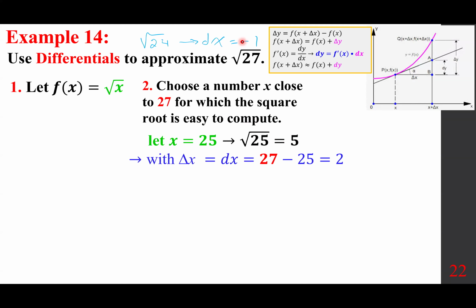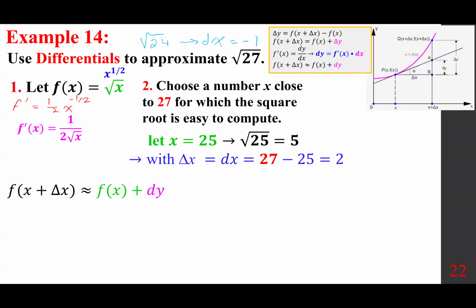So if that is the case, then f of x plus delta x is f of x plus dy, and we have f of x, we don't have dy. We are going to find that, which means to differentiate this, we're going to change this to x to the power of 1/2. And now f prime is 1/2 x to the power of 1/2 minus 1, negative 1/2, which means 1 over 2 x to the power of positive 1/2, or 1 over 2 square root of x.